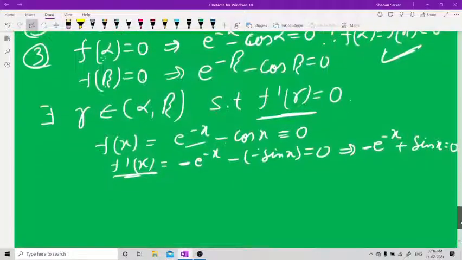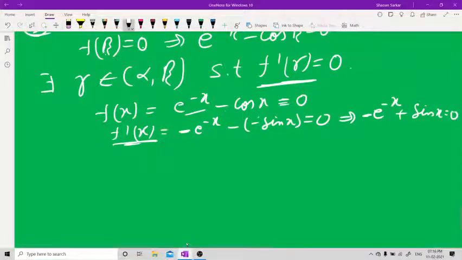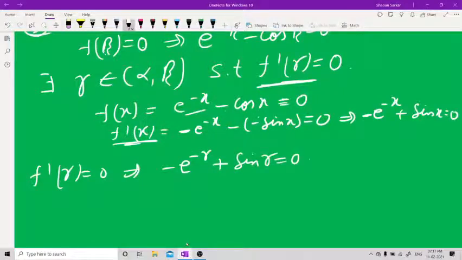So now f dash gamma is 0 implies minus e to the power of minus gamma plus sin gamma equal to 0.